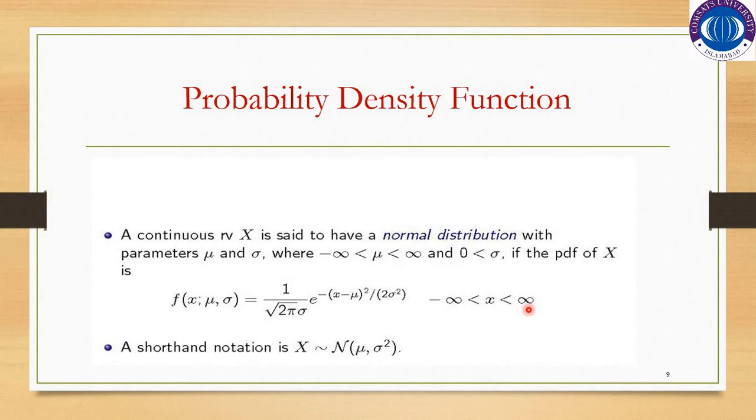Probability density function. A continuous random variable x is said to have a normal distribution with parameters mu and sigma, where the range of the parameter mu is from minus infinity to infinity, and the standard deviation sigma should be greater than 0, if the probability density function of x is, so this is basically the probability density function of x depending on the parameters mu and sigma, where sigma is the standard deviation, 1 over under root 2 pi sigma.